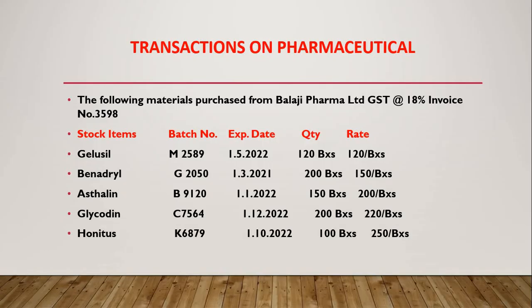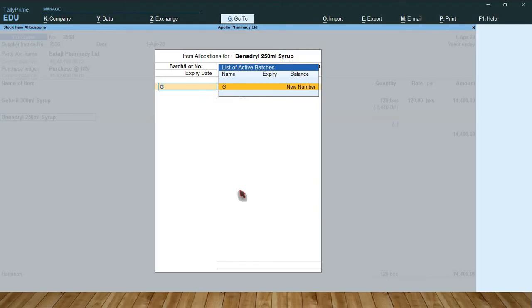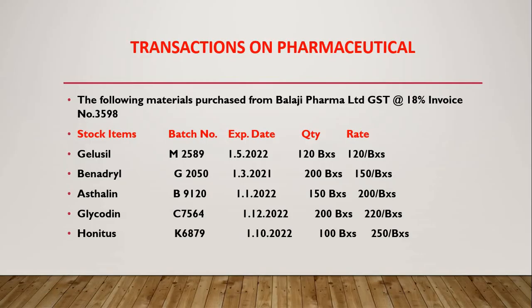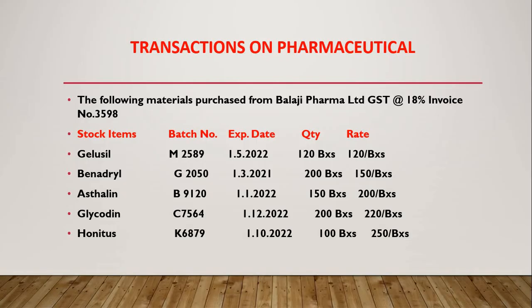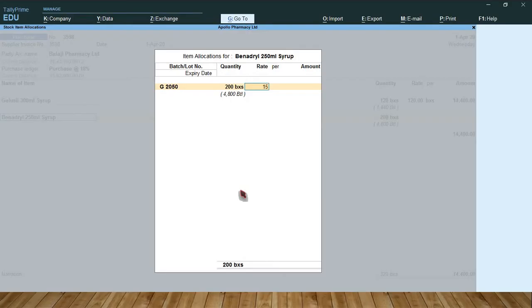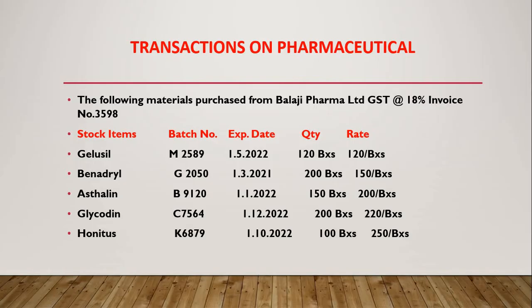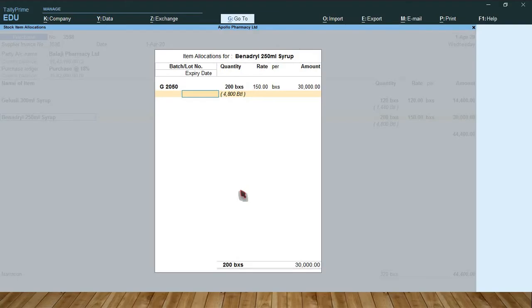So batch number G2050. Quantity 200 per box. 200 box. Rate 150 per box. Expiry date 1/3/21.